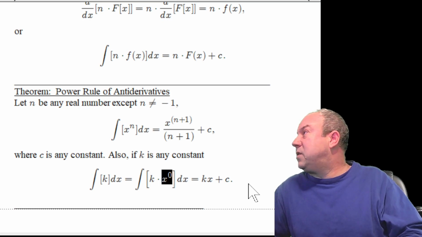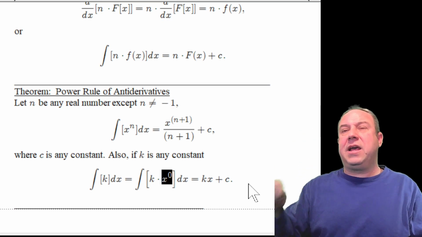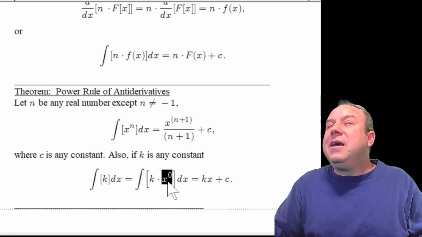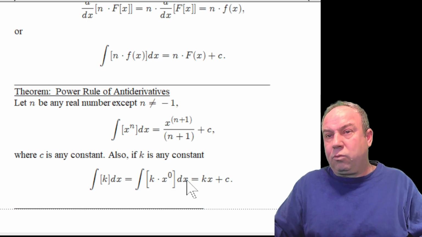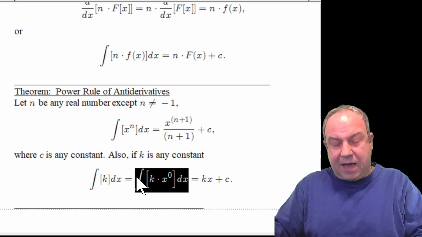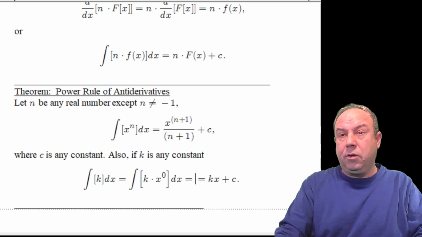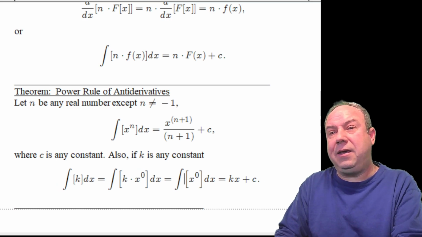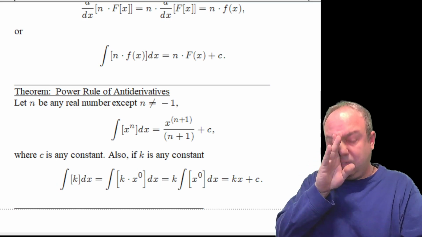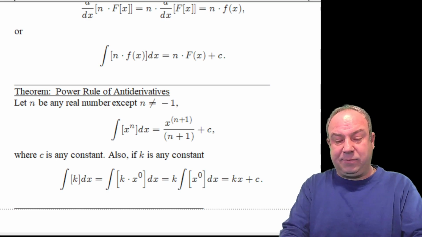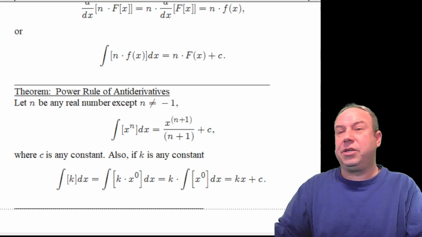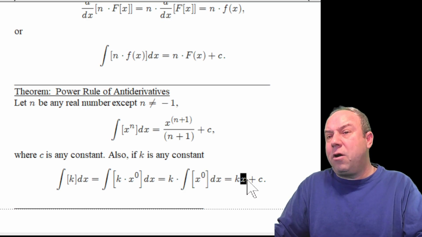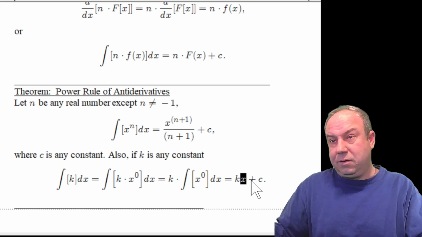So instead of writing it as 1, we write it as x to the 0 power, and here we can apply the constant multiple rule, where we can factor out that constant multiple k and say it's k times this antiderivative operation, where the antiderivative of x to the 0 power.